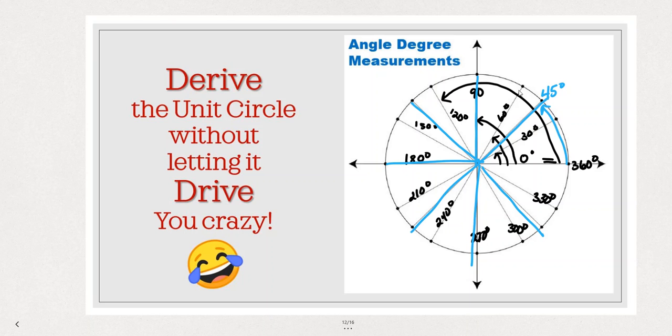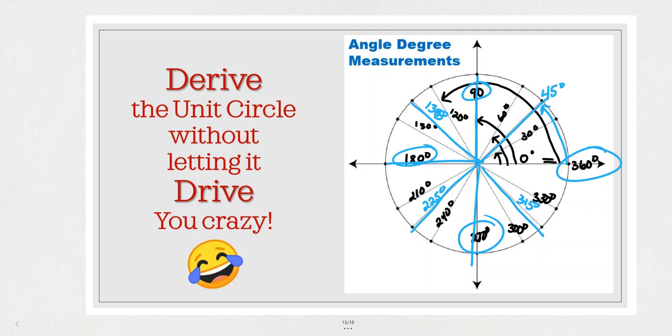Double that, so 45 times 2 gives us 90 degrees. 90 degrees plus 45 degrees would put us at 135 degrees. 135 degrees plus 45 would put us at 180, plus 45, 225 degrees, plus 45 puts us at 270, plus 45, 315 degrees, plus 45 puts us back at 360.